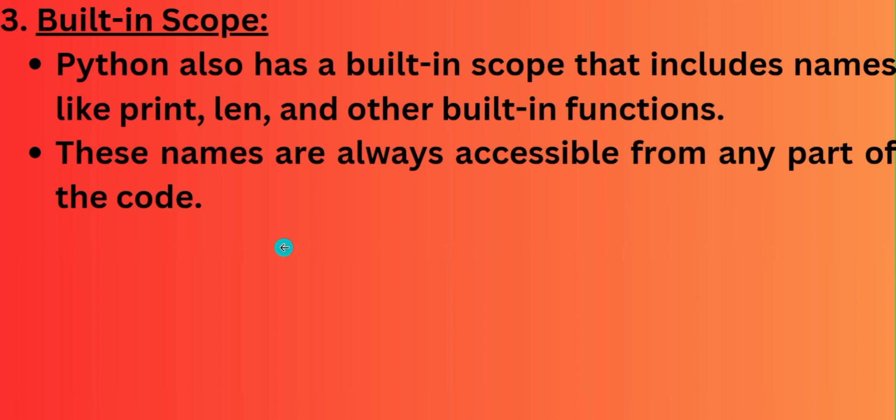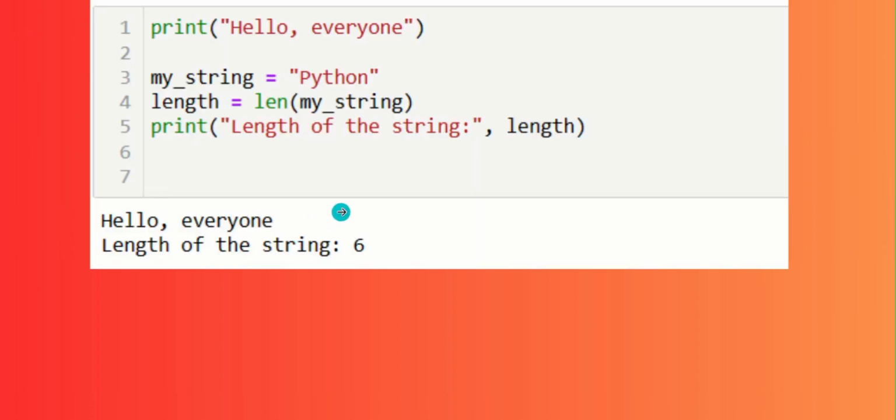Next, the third type of scope is built-in scope. Python has several built-in functions. They are print, len, and others. These are always accessible from any part of the code. Example, you can note in line 1 I am printing hello everyone. Print is the function I have used. This is a built-in function. In line 3 I have declared a variable my_string, assigning it the string Python.